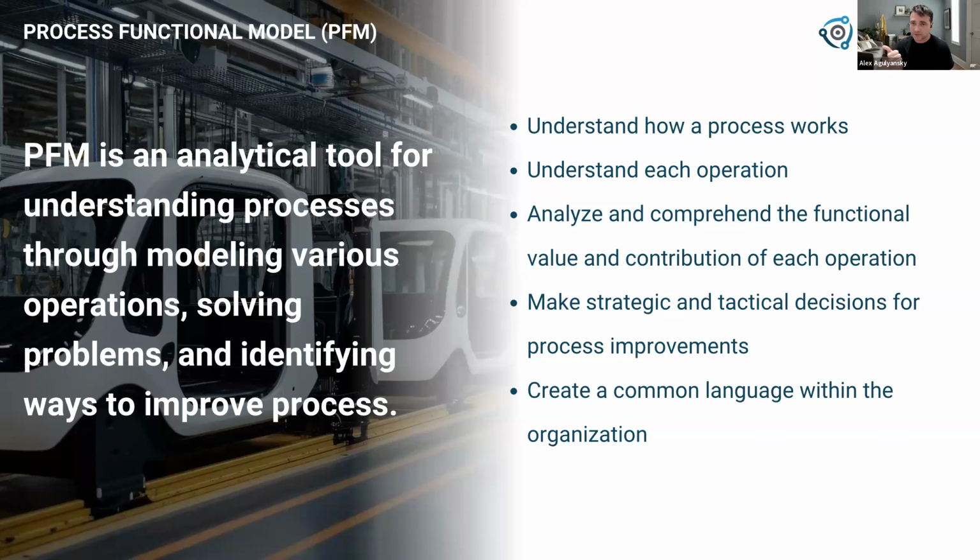Again, understanding how the process works. Many people, even though they work for years on the same process, don't know enough details, right? Understand each operation. That's amazingly important because if you don't know what the operation does and what the outcome or the product is, then how can you make any informed decisions, right?